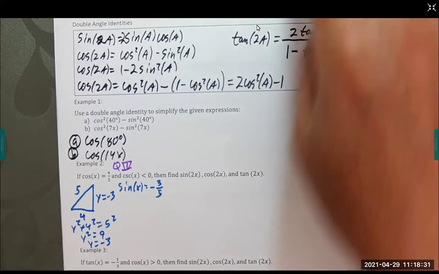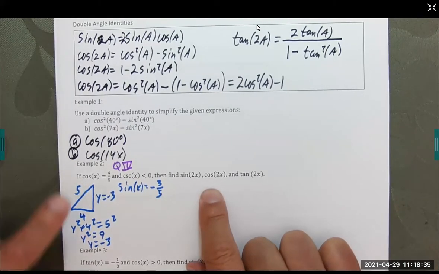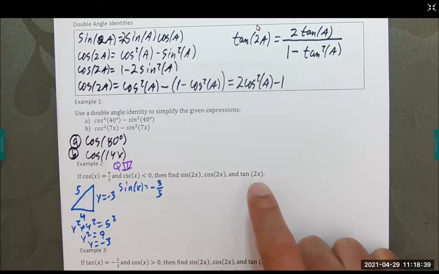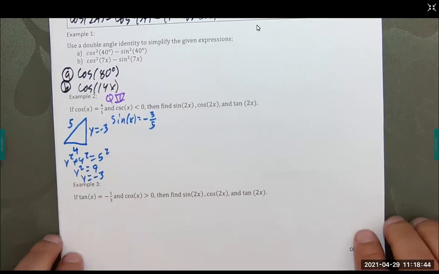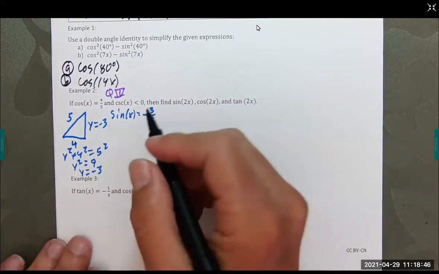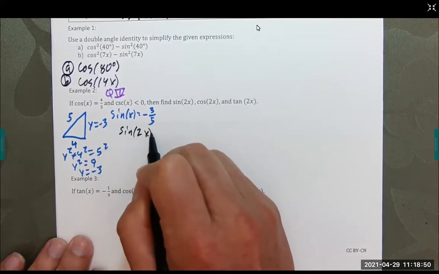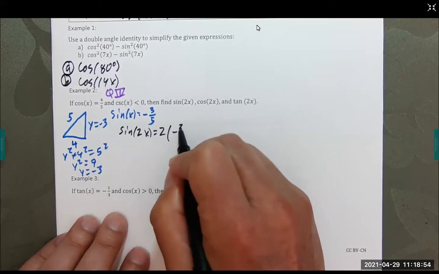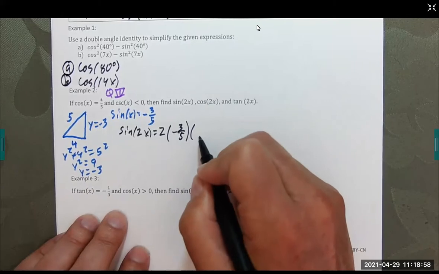And that's going to work out well for us with our new formulas. So sine of 2x is here. Cosine of 2x is here or here. Actually, we could use any of these. Then tangent of 2x. I'm going to do something a little different than that formula for tangent of 2x. So this means the sine of 2x is 2 times sine of x, which is negative 3/5, times cosine.